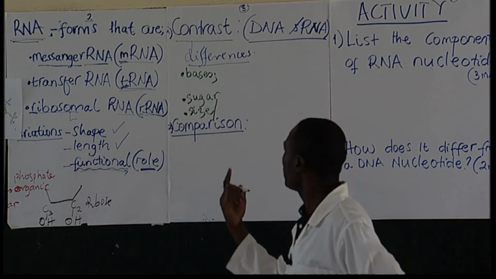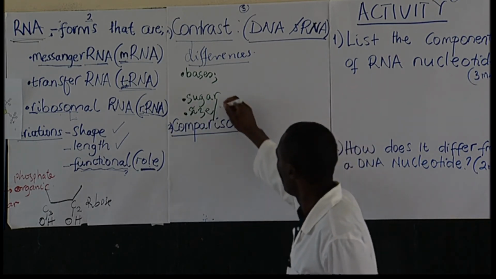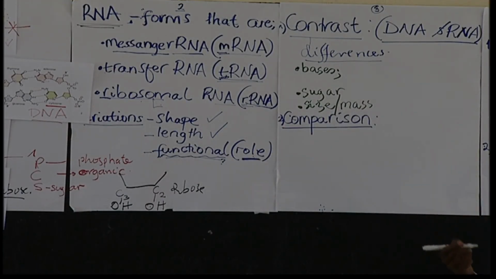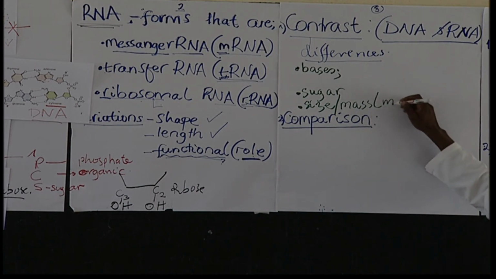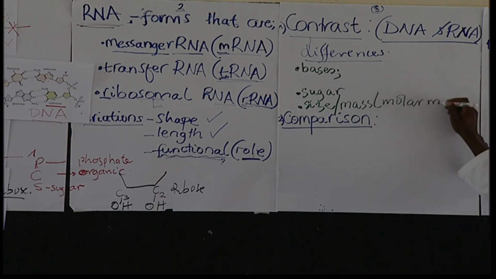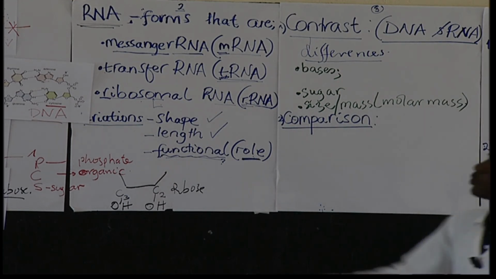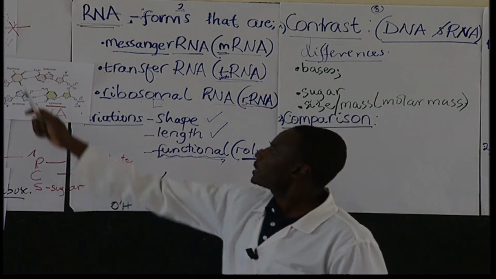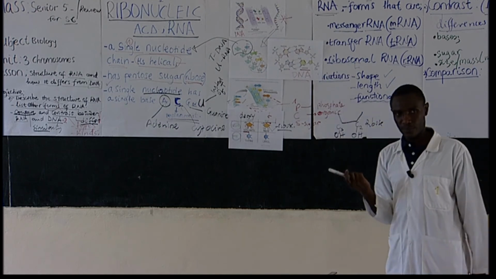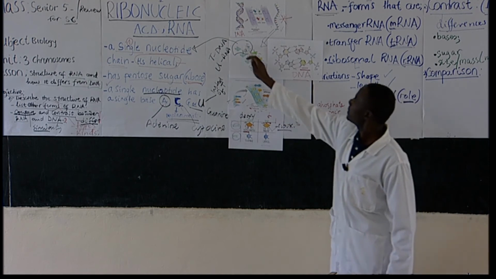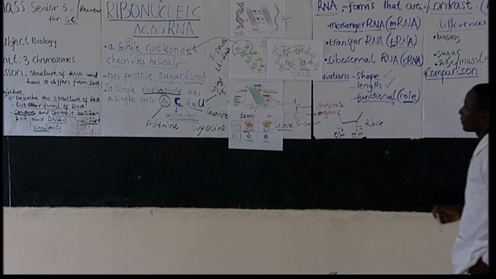Can I maybe say mass? For those who do take chemistry as well, when we talk of molar mass, what are we looking at? Which is very simple. Let's look at this. If this is a double strand, and this is a single strand, it's simple math and comparison.